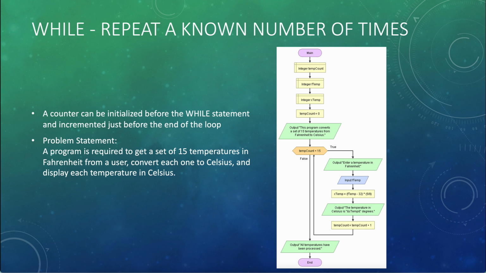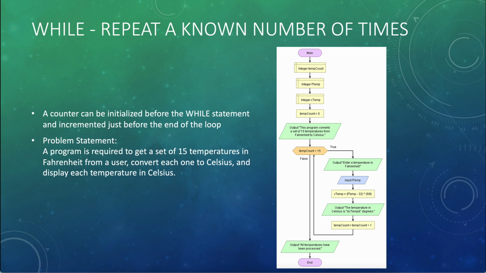Now you can use a while loop to repeat a known number of times. So if you know how many times a certain set of instructions needs to be repeated, then you can use a counter.